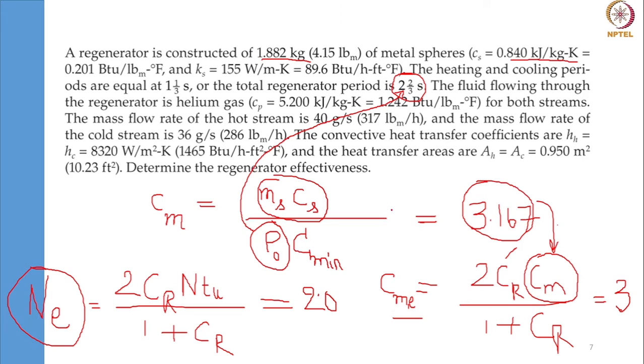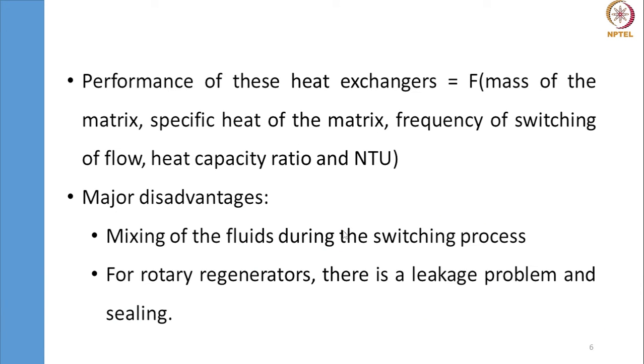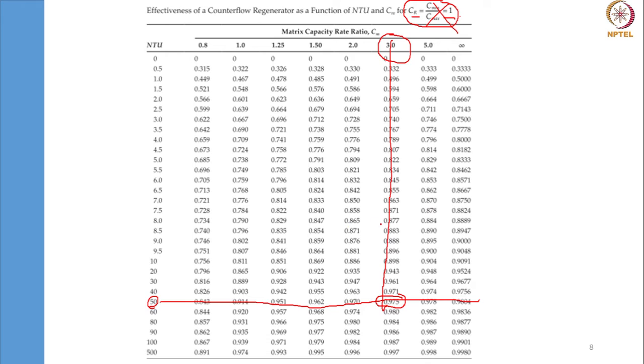For matrix heat capacity ratio of 3 and NTU 20, we will find out what the apparent effectiveness is. I may call it that way, so it is not the actual effectiveness.